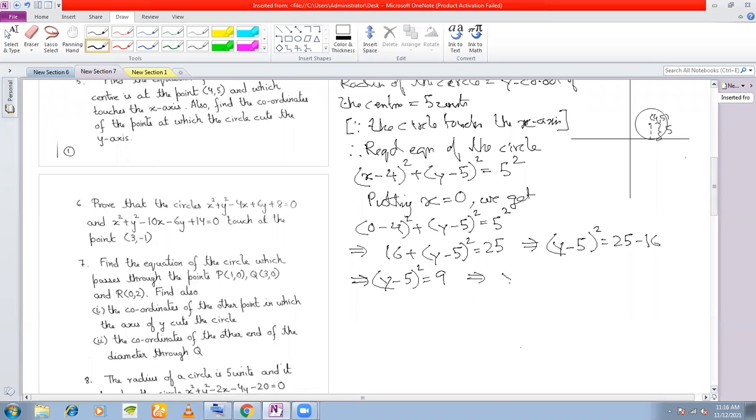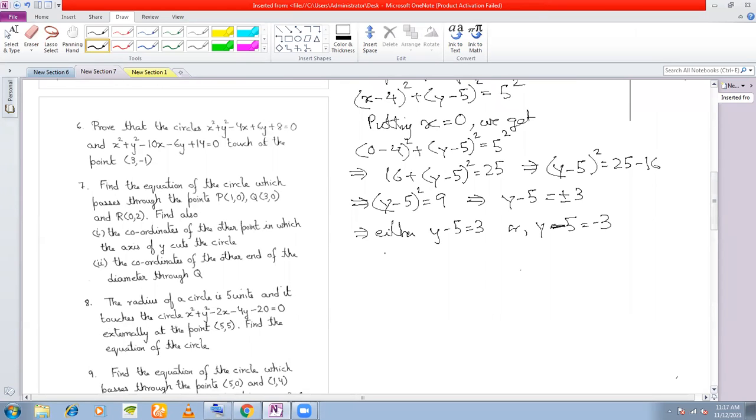That means y minus 5 is equal to plus or minus 3. That means either y minus 5 is equal to plus 3 or y minus 5 is equal to minus 3. That means either y is equal to 8 or y is equal to 5 minus 3, which is 2.